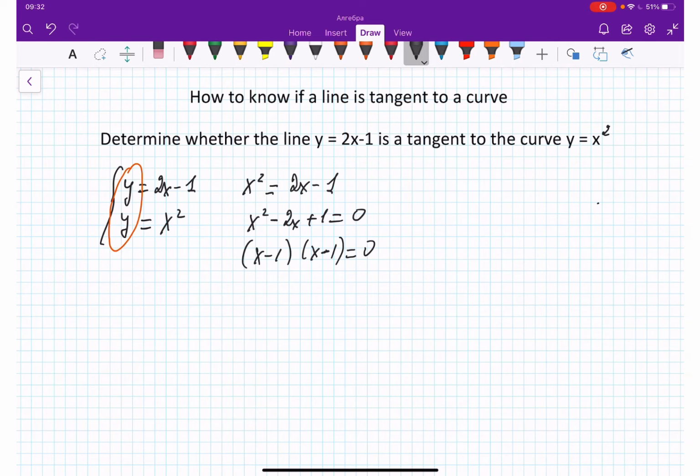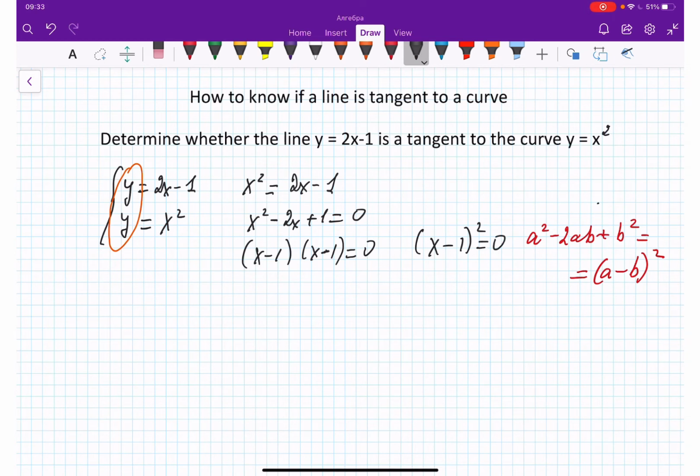It's a perfect square. It's the same thing if I write x minus 1 squared, because x squared minus 2x plus 1 is a squared minus 2ab plus b squared, which is equal to a minus b squared. It's the same thing as factoring.